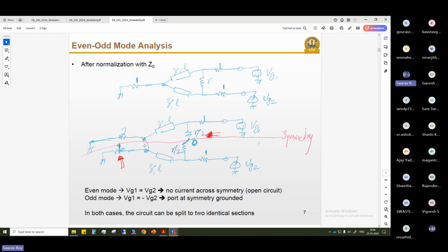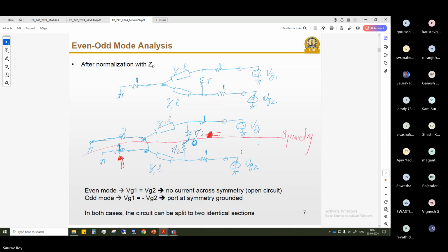There it comes. Even mode means, at port 2 and port 3, we are applying some voltages VG1 and VG2. If you see in the bottom picture, we have VG1 and VG2 here. In an even mode, you have to apply the same voltage to both of them.